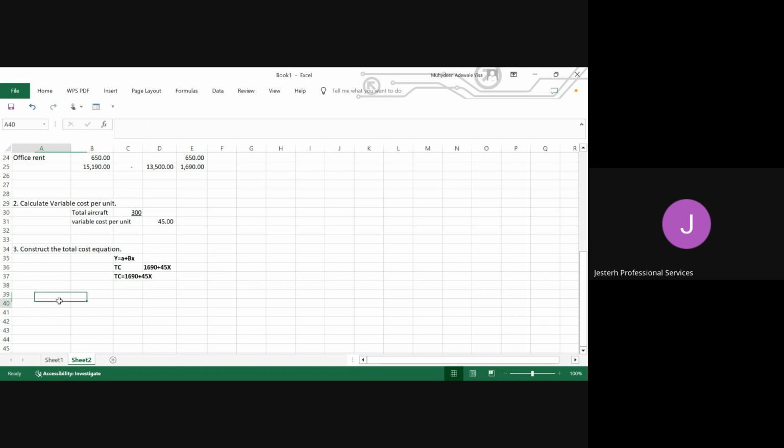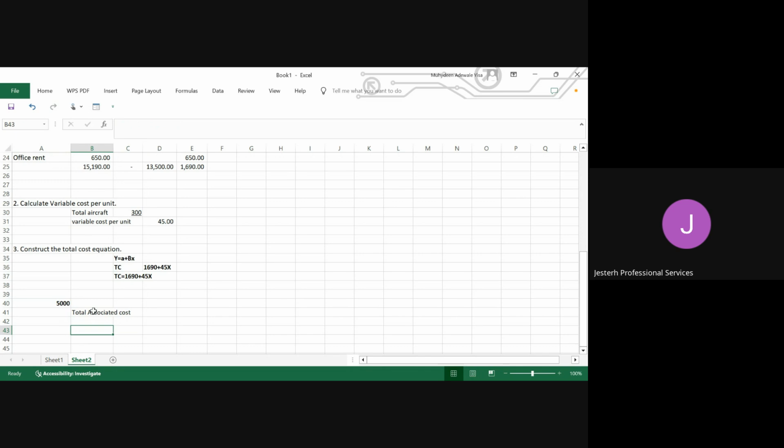Assume that they plan to render service to 5,000 aircraft, and we want to know the total associated costs to render service to these 5,000 aircraft.